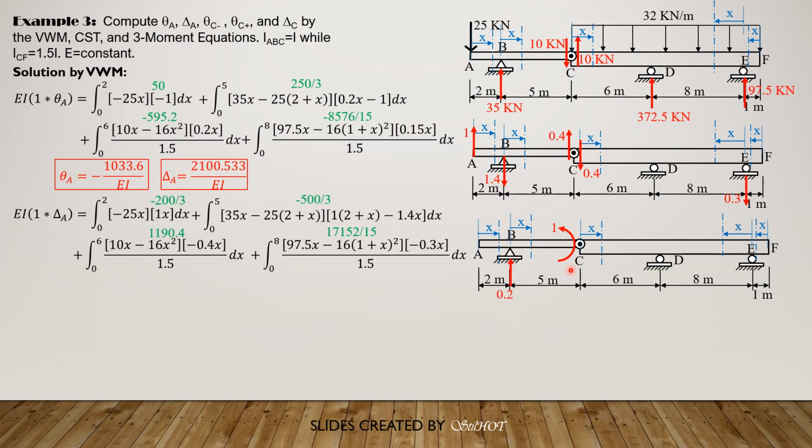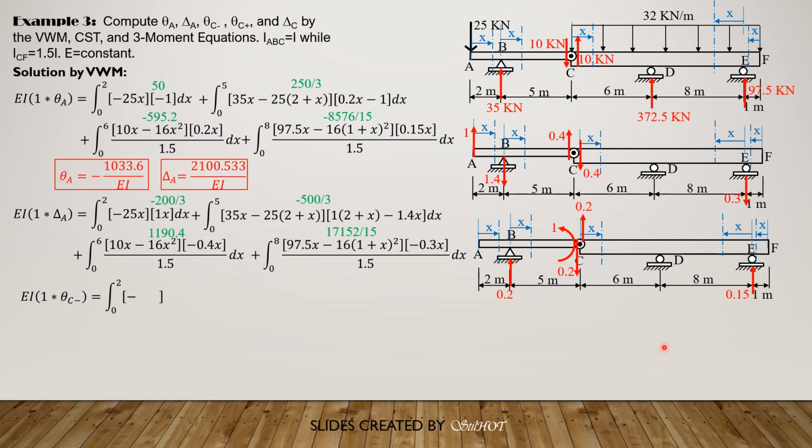Reaction times 5 equals 1, so this is again 0.2. Then just to the left, 0.2 downward. So 0.2 upward just to the right of C. Then the reaction at E should be upward so that it is counterclockwise, because the moment of 0.2 about D is clockwise. So 0.2 times 6 divided by 8, that would be 0.15 upward.